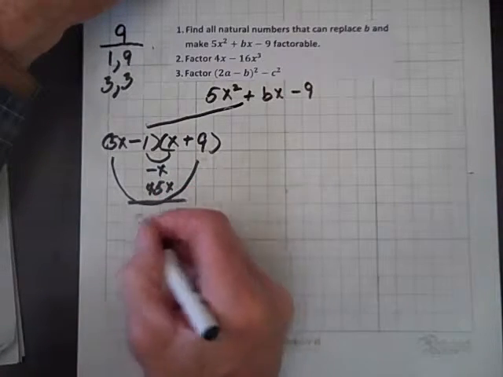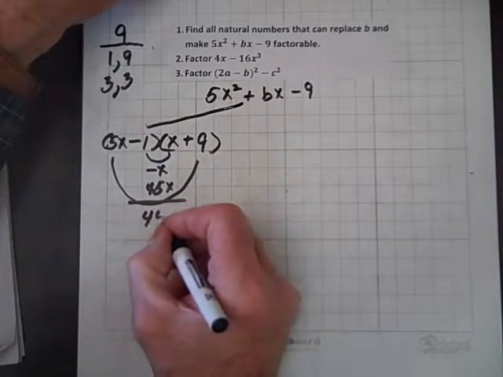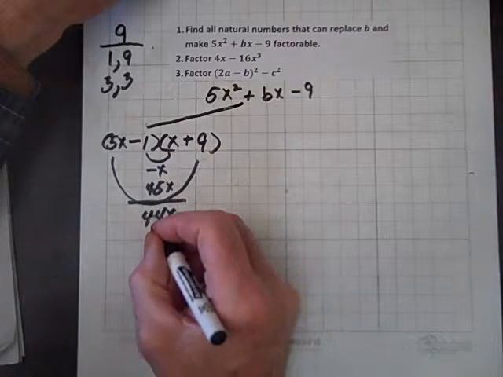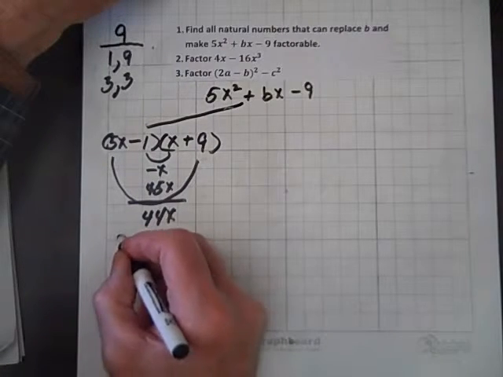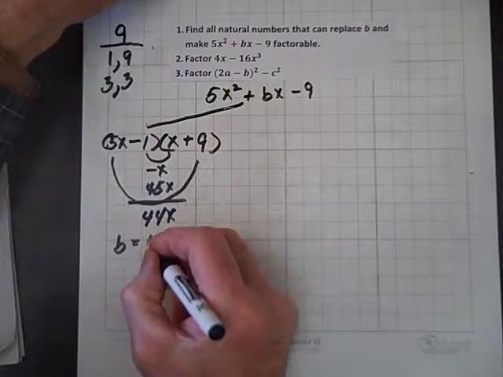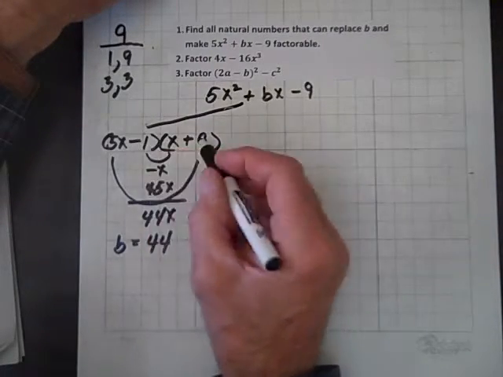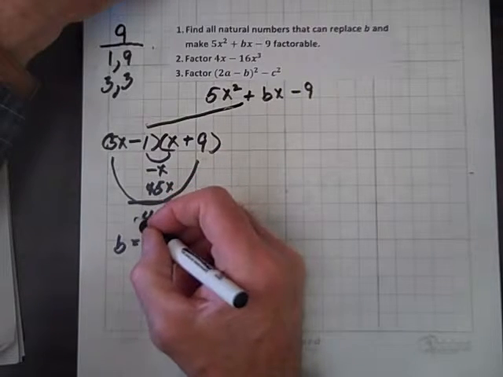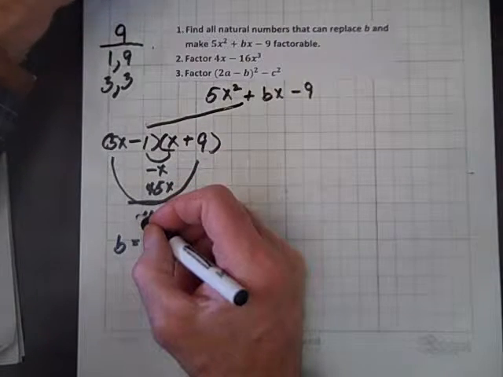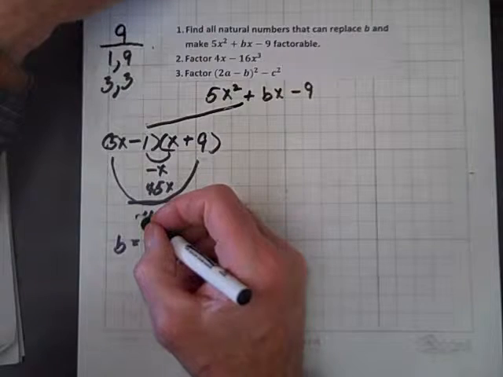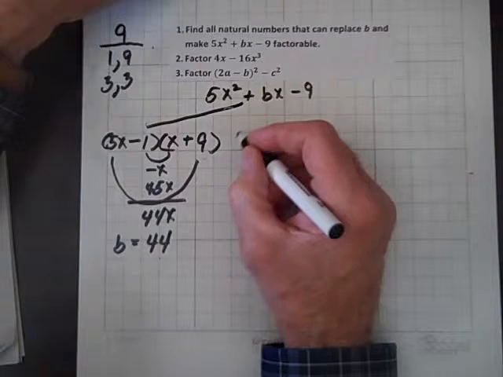And when we sum those, we get a difference of 44x. 44 is positive, so b equals 44. It's a natural number. Had we switched the signs, we would have wound up with a negative 44, and negative 44 is not a natural number, so that would not do. But we've done it right.